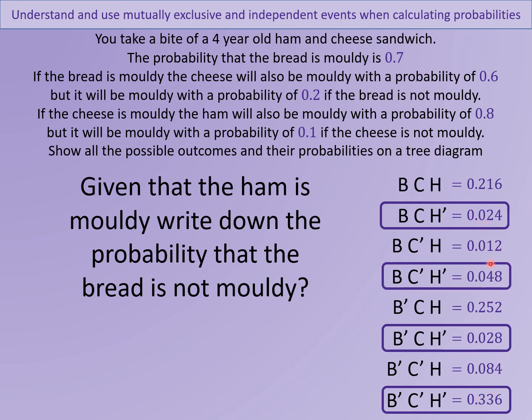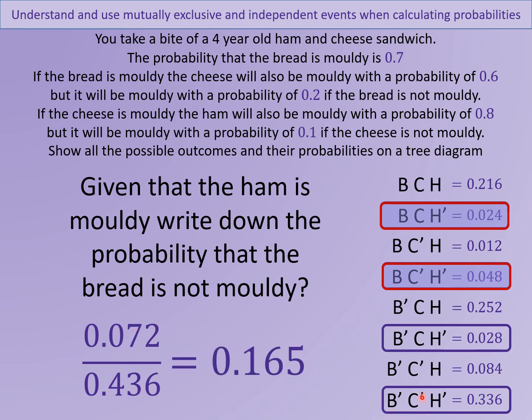The probability of ham mouldy and bread okay will be that one and that one. So it's those two added up, divided by all 4 of them added together, and that's the answer you're looking for, 0.165. Okay, there's your probability of both ham mouldy and bread okay. So that's that and that, divided by the probability of ham mouldy, which was all of those.